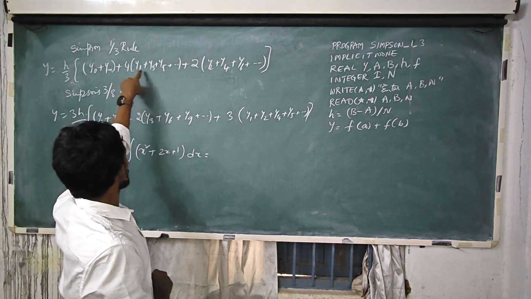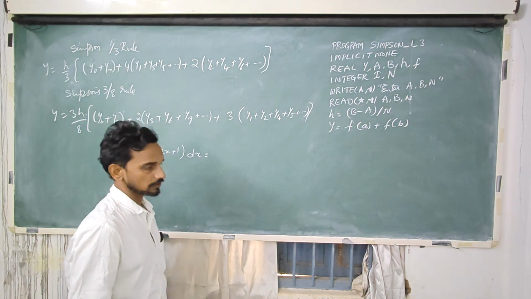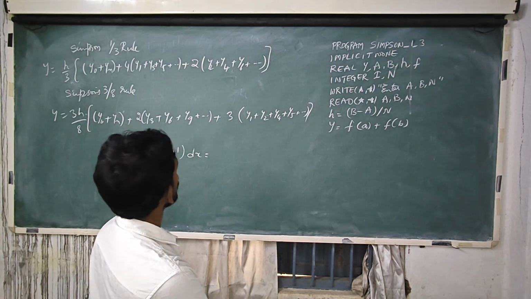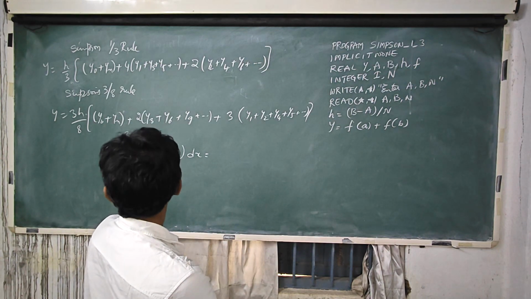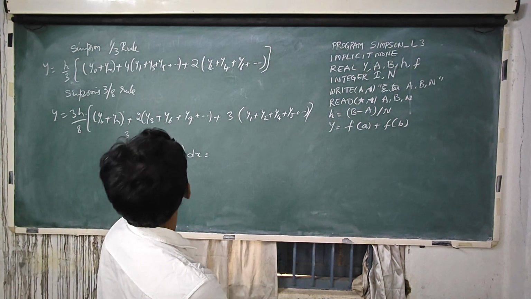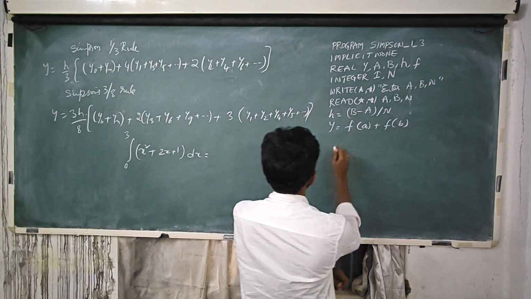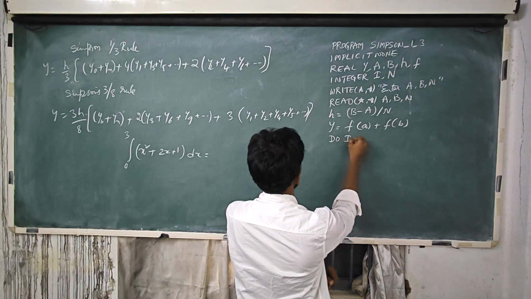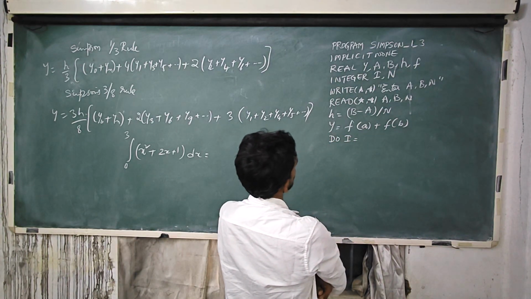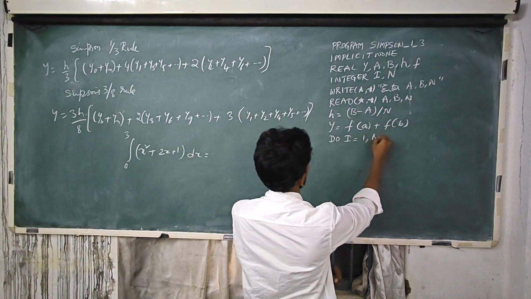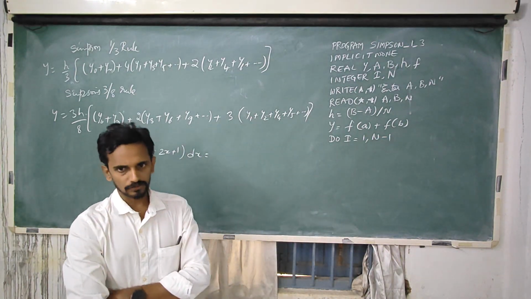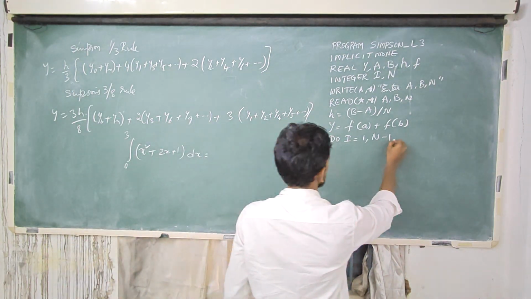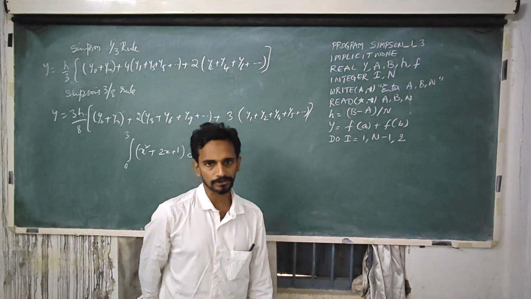Then we have to add 4 times odd numbers and 2 times even numbers. We can do that in single step or 2 times separately. Let's say I am starting with I from 1 to n minus 1 with a step size of 2. Each time I will consider 2 terms.